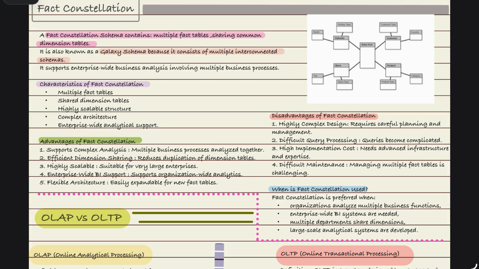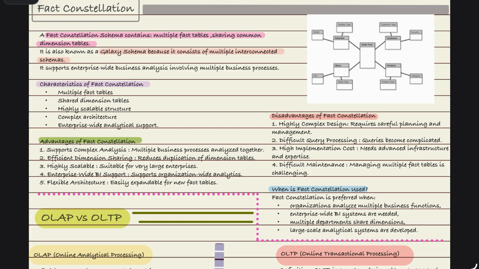So what happens in a real world, multi-billion-dollar enterprise doesn't just run on a single business process. Okay, they have a sales process, a shipping process, a return process. So what is happening? A fact constellation contains multiple distinct fact tables that share common overlapping dimension tables.